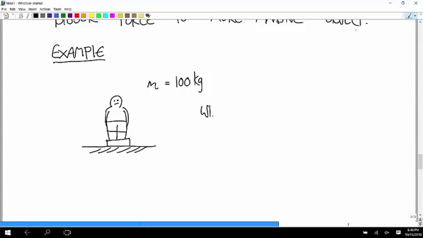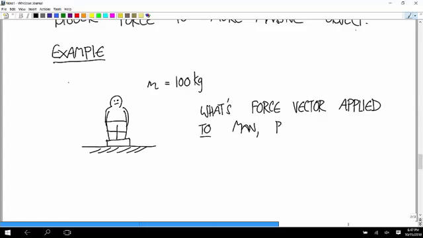And we want to know what's the force vector applied to the man by the scale.